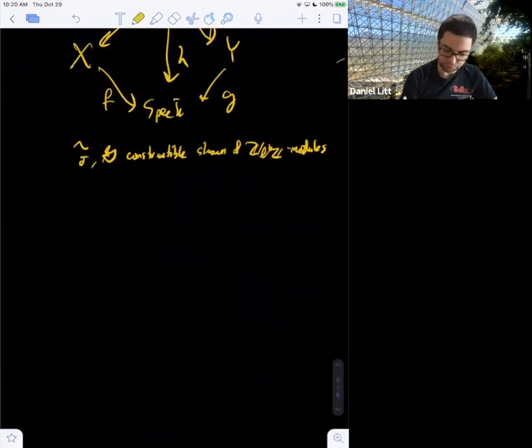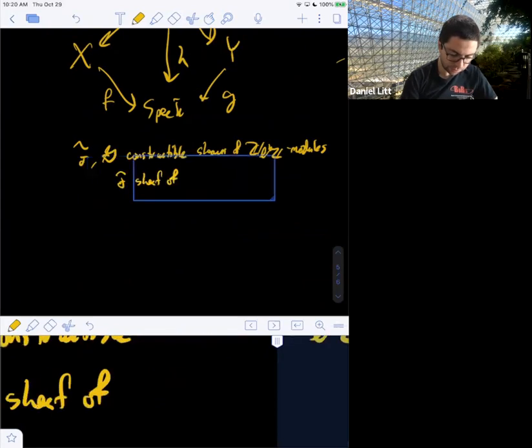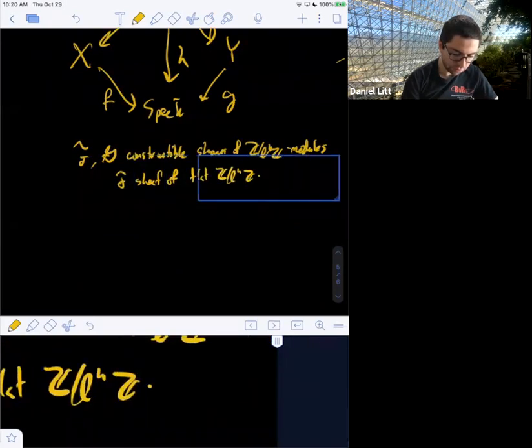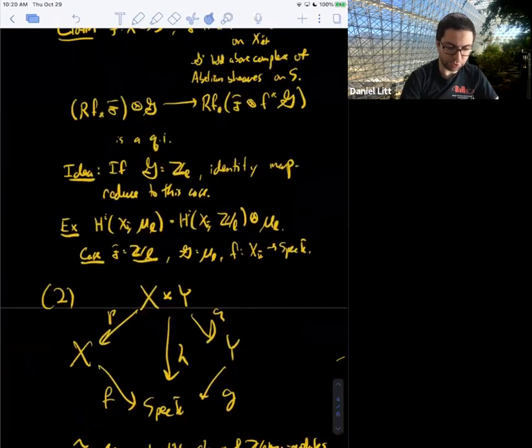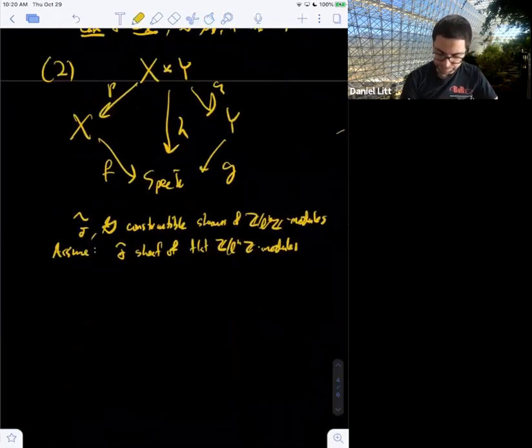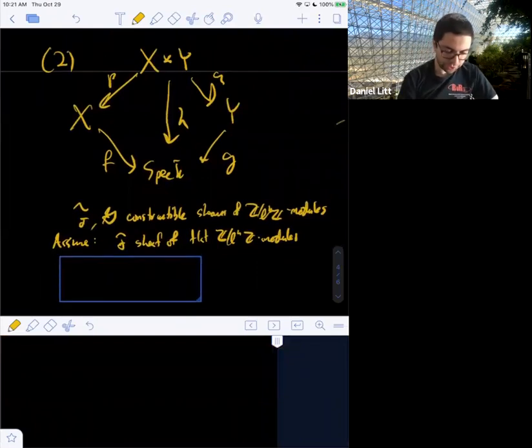I'm just going to assume that F is a sheaf of flat Z mod L^n Z-modules. This is a simplifying assumption, so if you put the derived tensor product here, you can ignore it.